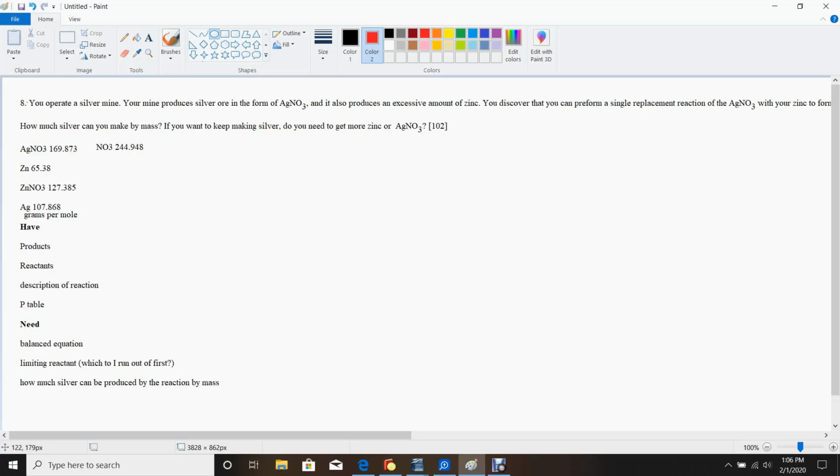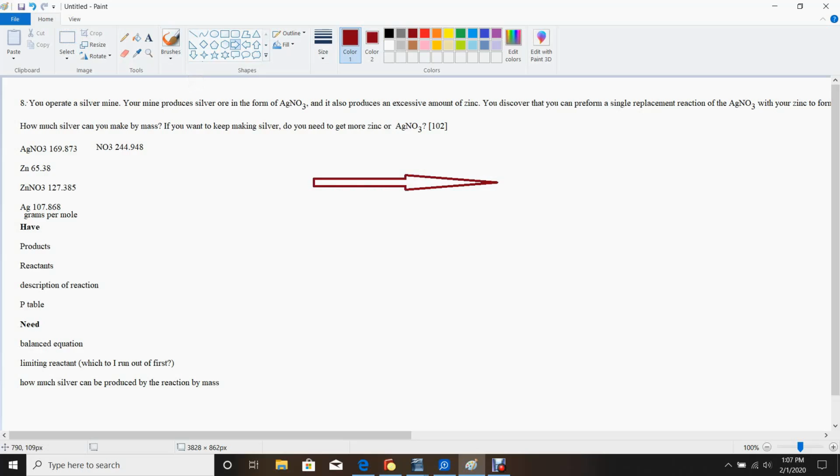1 mole of AgNO3 has a mass of 169.873 grams. Zinc, 65.38, etc. You can find all over the periodic table. I think you guys know how to do that. Now, let's start with a balanced equation. We need a balanced equation. That's the first thing on our list of stuff we need.